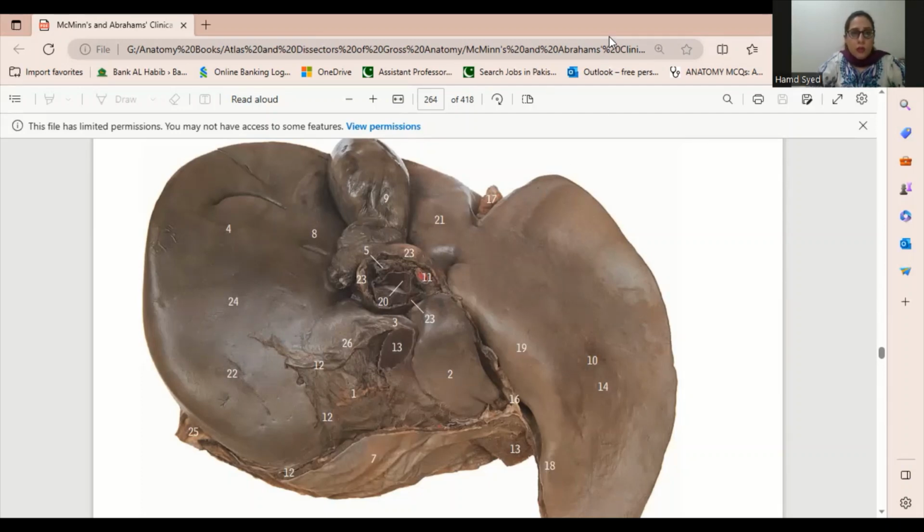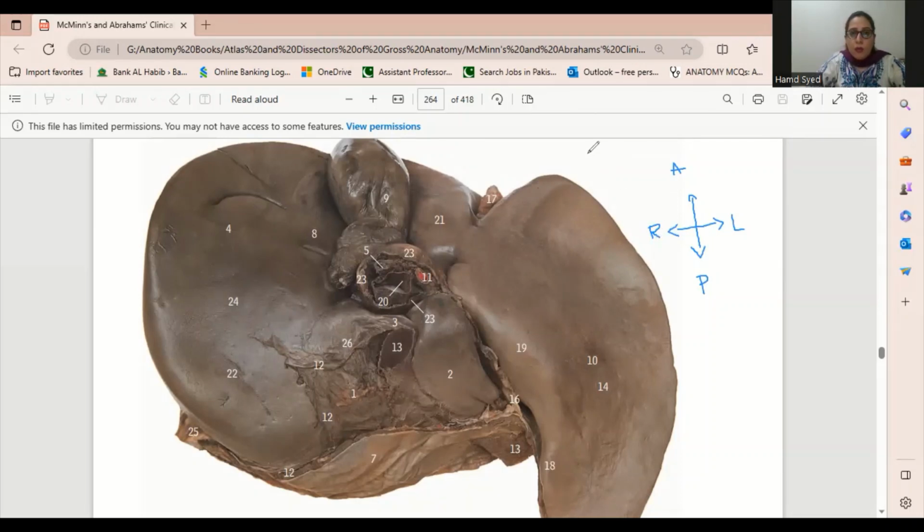So just to keep that in mind, I'm going to draw a very simple compass, which is showing that this here is the anterior side, and over here is the posterior side, whereas this here is the left, and over here is the right side.